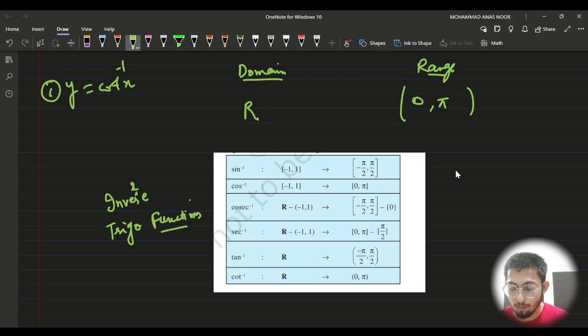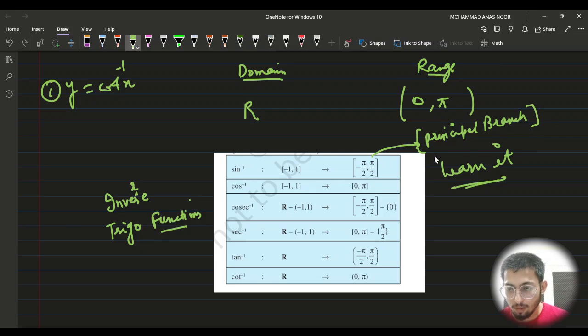You should remember it by heart. Learn it. This is called the principal value, principal branch, and we took it as per the standard, you can say. So you should just remember these ones.